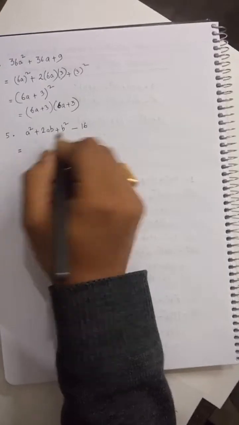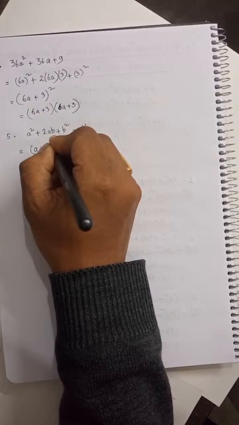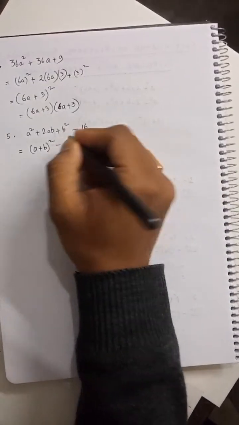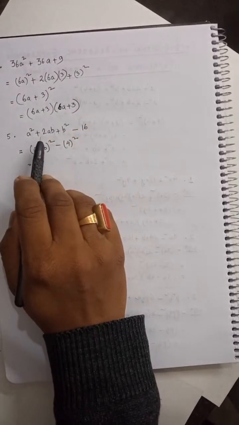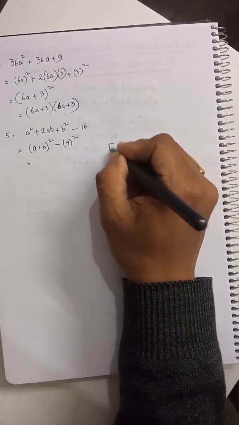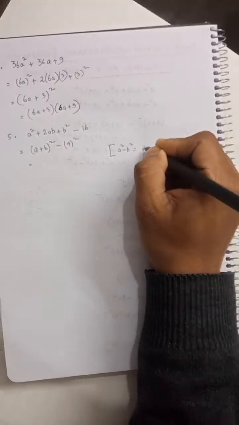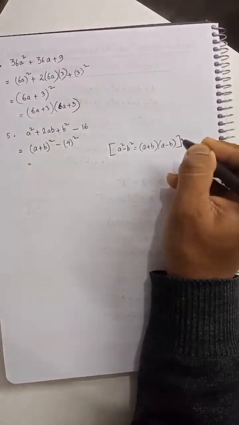Okay, so a square plus 2ab plus b square will become a plus b whole square. And 16 is 4 square. Now although we are using a plus b whole square identity, at this point we are going to use a square minus b square, which is a plus b into a minus b.